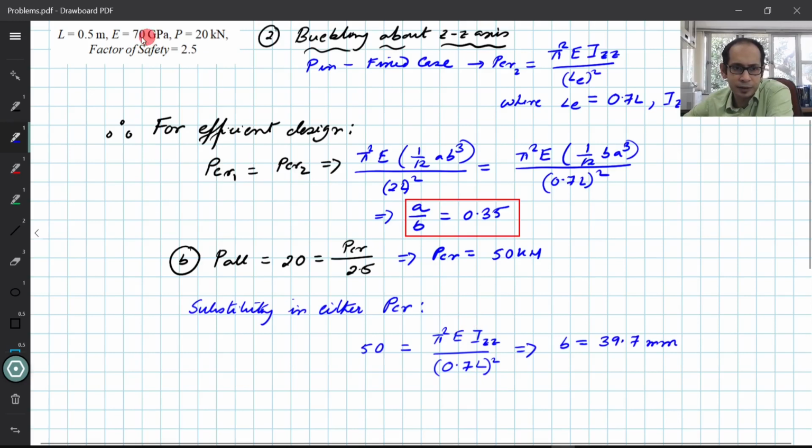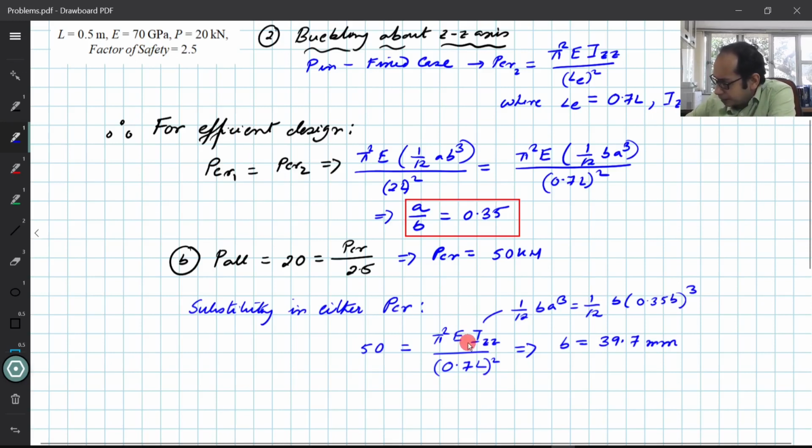Now remember, here all I have done, I will just repeat myself. E I have put as 70 GPa, and IZZ I have put as 1 by 12 B A cube, which is nothing but 1 by 12 times B, and A, as we know from here, is 0.35 times B, right?